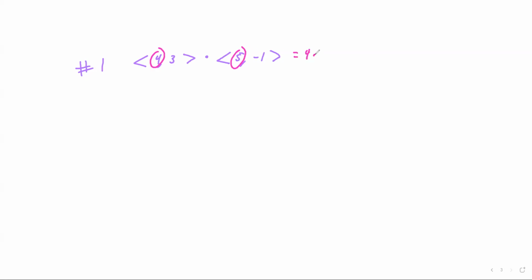So that'd be 4 times 5 plus you would then take their corresponding y values. So that'd be 3 times -1, which gives us 20 minus 3. So you get 17 as the dot product. That's all you have to do on a dot product, is you literally just multiply their x's and then multiply their y's and then add the two products up.